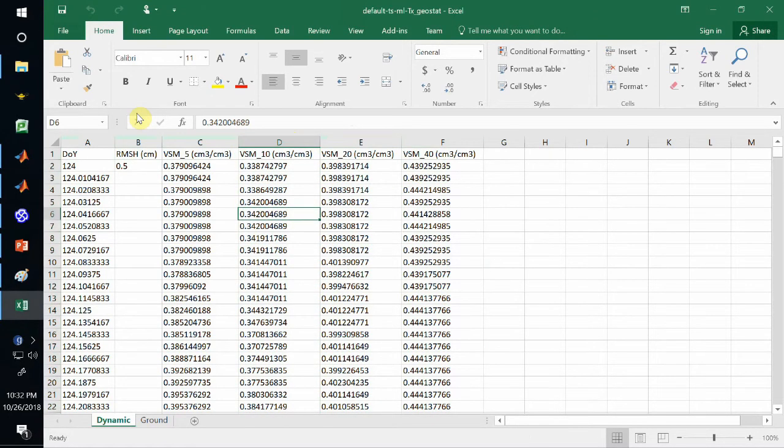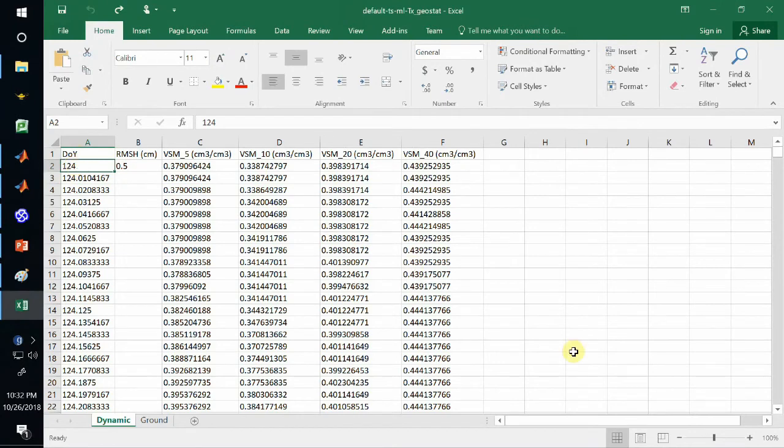Since this is a time series analysis, the first thing that you're going to see in your dynamic input sheet is the time series function, or the day of year column. This is going to be the rate at which time changes. Honestly, you could just put 1, 2, 3 all the way down if you weren't necessarily needing something very specific.